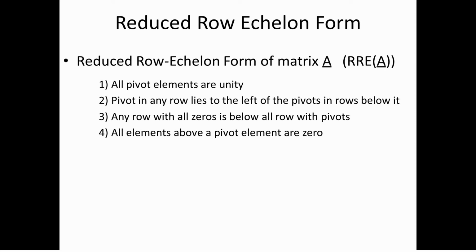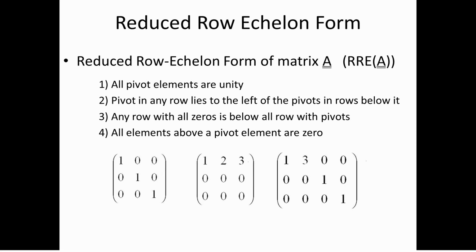So this is unlike row echelon form, which, if you think about how we define row echelon form, a natural consequence is that for any pivot, the elements in that column below the pivot have to be 0. Well, reduced row echelon also requires us to clean out the elements above that pivot too. So if we look at these three examples, we can see these are all in reduced row echelon form. Okay, they all satisfy these conditions.